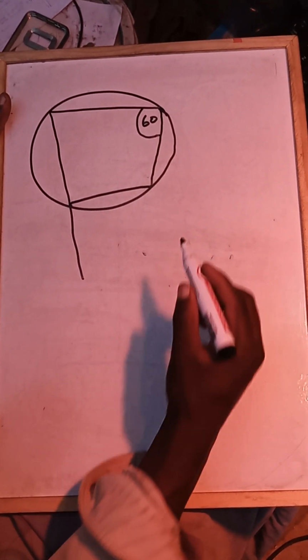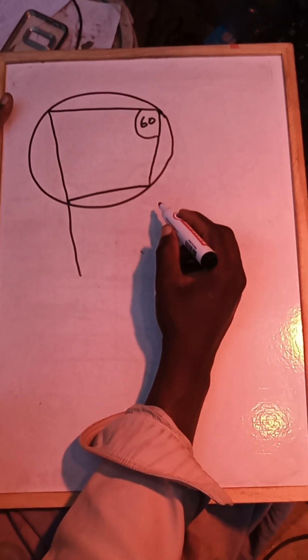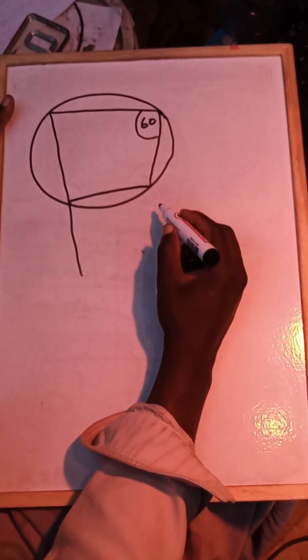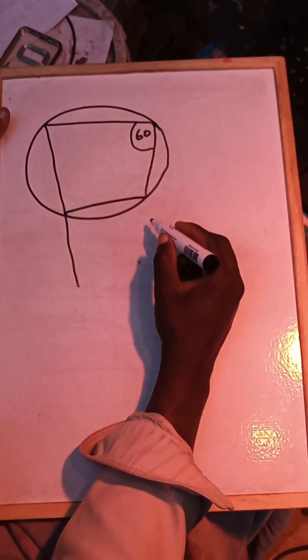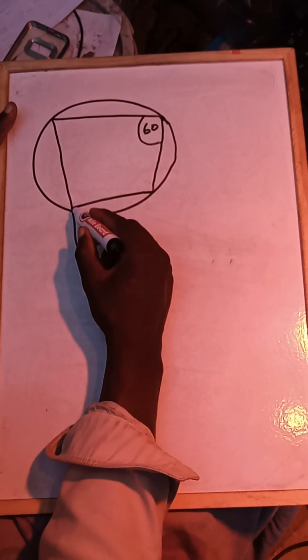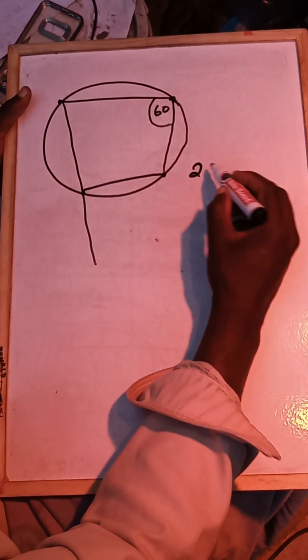Remember, theorem number 3 says opposite interior angles of a cyclic quadrilateral are supplementary.